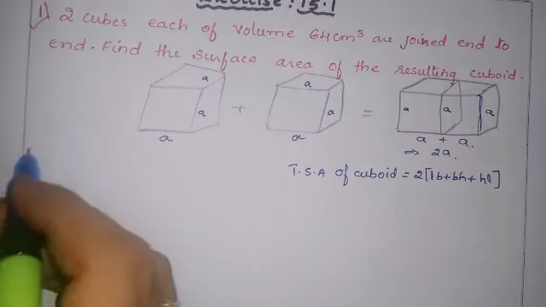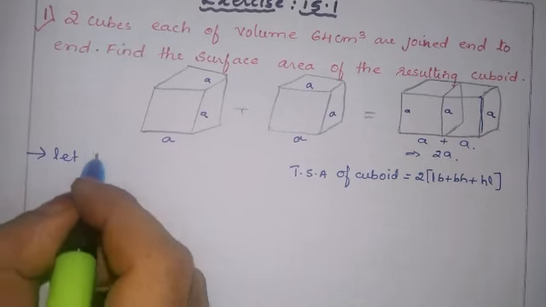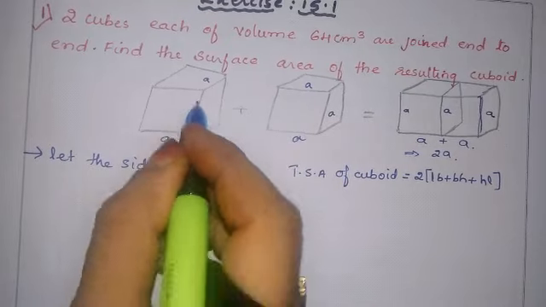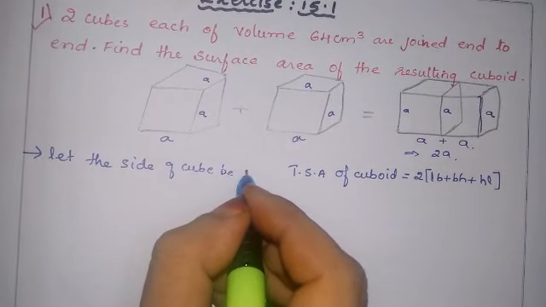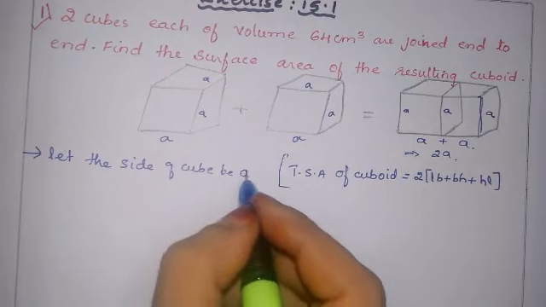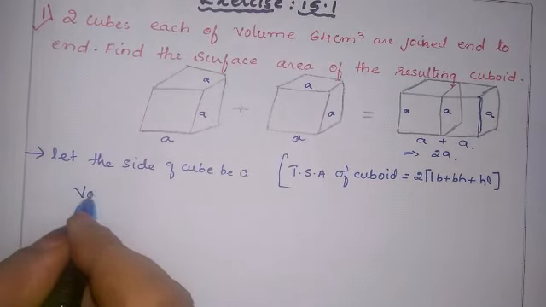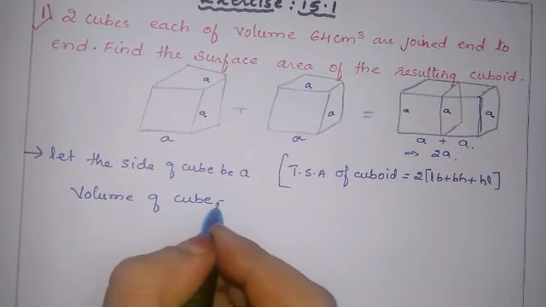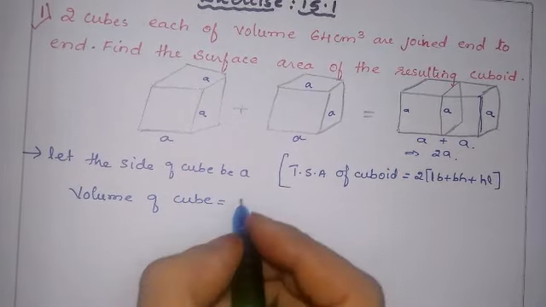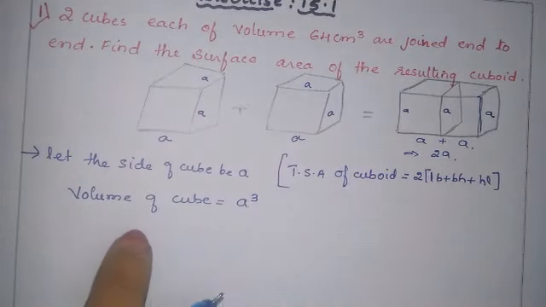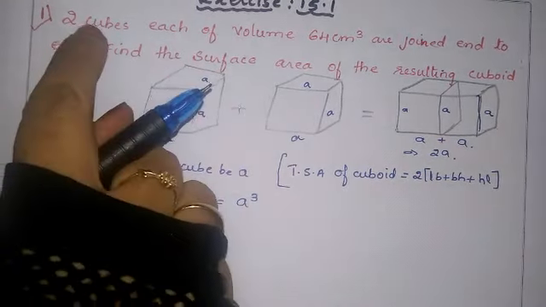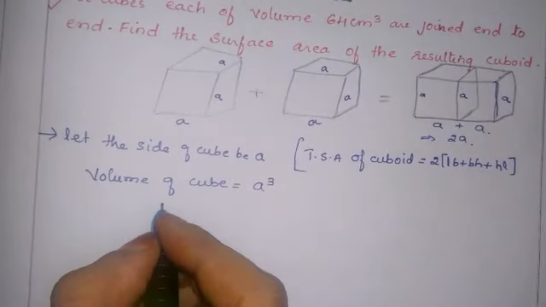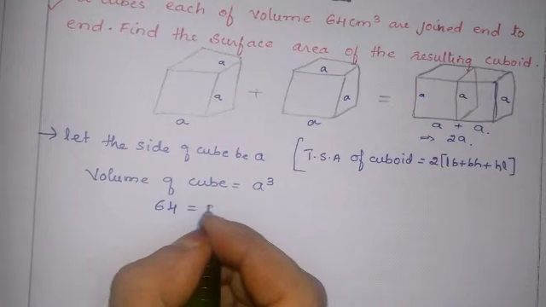Let the side of the cube be A. Therefore, the volume of a cube is A cube. In the question they have told each volume is 64. So 64 is equals to A cube.